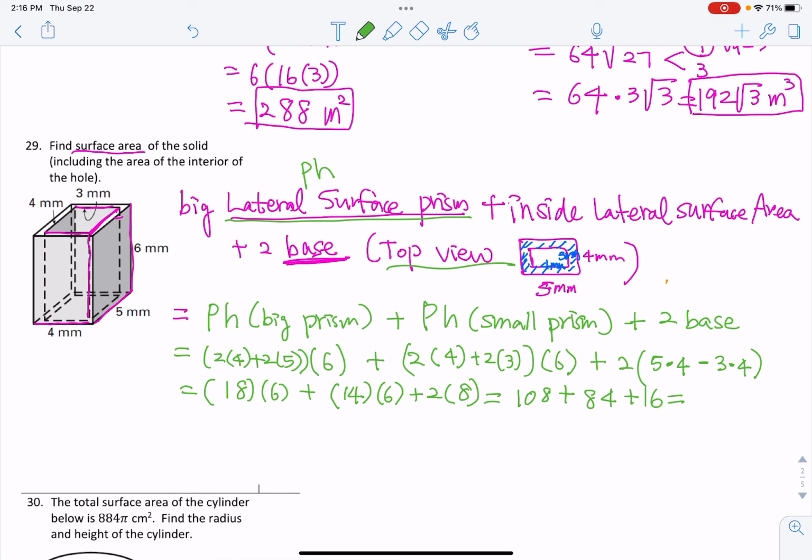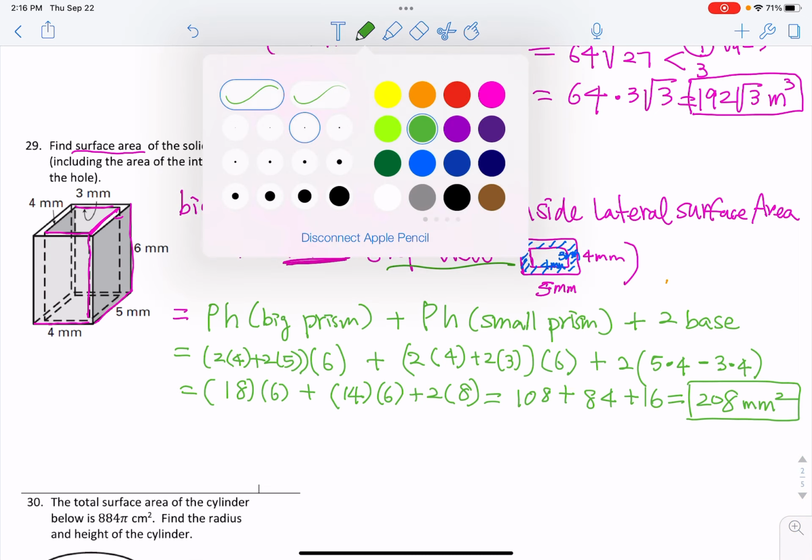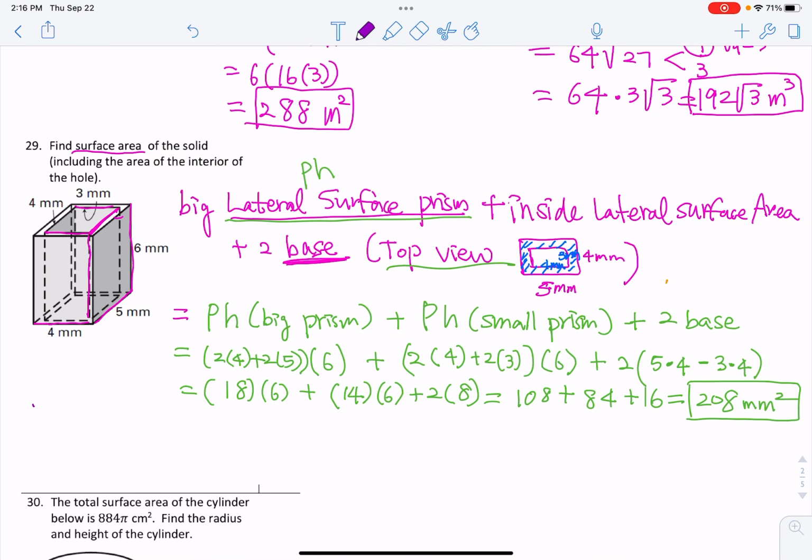So it will give you 208 millimeters squared. That's the total surface area. So you have to be careful. It's a little tricky.